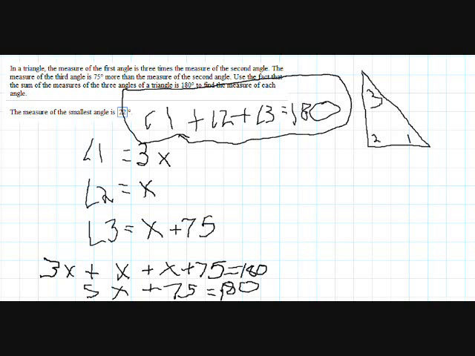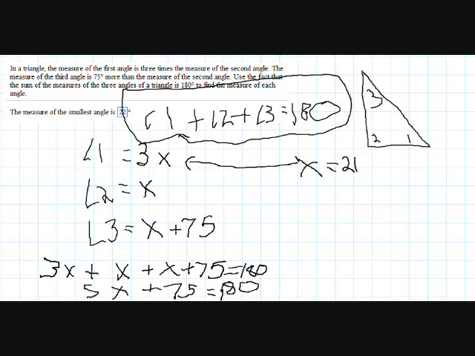The answer here, when you finally move the 75 over to this side and then divide by 5, is going to be x equals 21, which is angle 2. That's the smallest one. That's when you solve for x. You had 22.